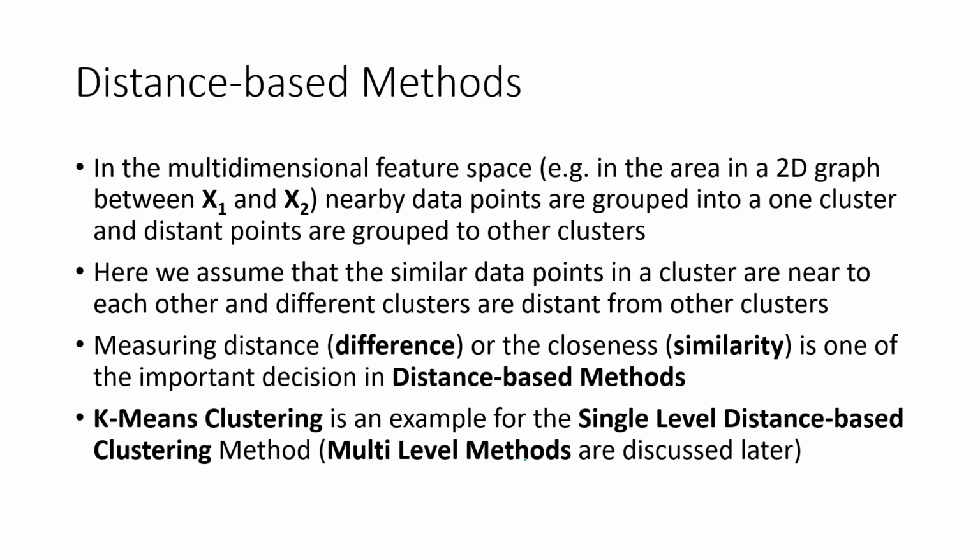As an example, we will introduce the K-means clustering algorithm. This is a different algorithm. Earlier we learned K nearest neighbor, which is a supervised machine learning algorithm, but now we are talking about unsupervised machine learning algorithms. K-means is a clustering algorithm, an unsupervised machine learning algorithm.